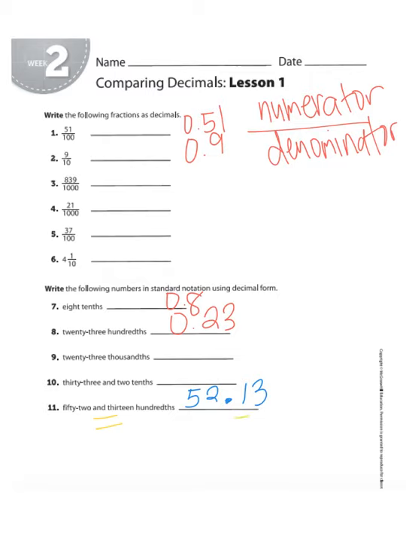So I have the tenths and I have the hundredths. 52 and 13 hundredths. So if you see the word tenths, your tenths is just going to be 1 place value after your decimal point. If you see hundredths, that's going to be 2 places after your decimal point.